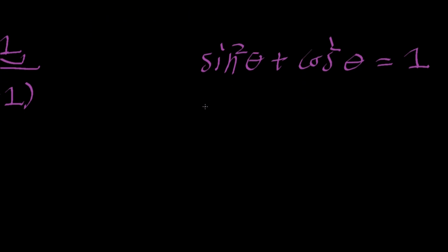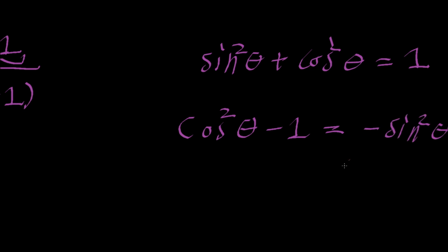And now we can subtract sine squared of theta and 1 from both sides, and we find that cosine squared of theta minus 1 is equal to negative sine squared of theta.